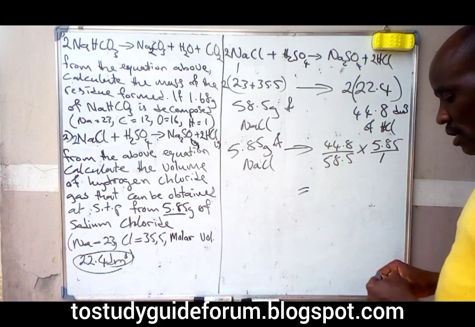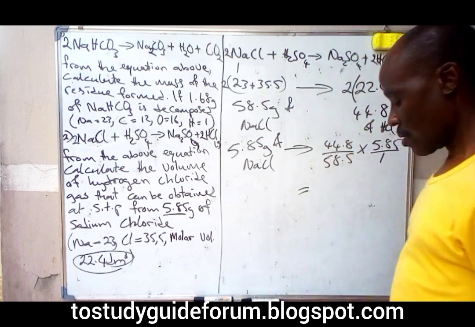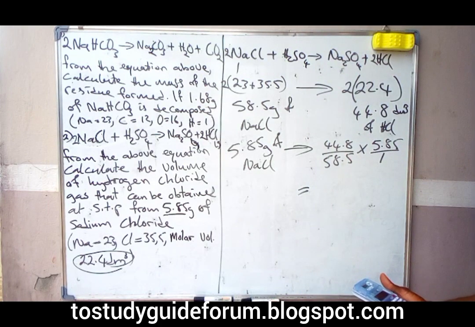That will give us 44.8 times 5.85 divided by 58.5.